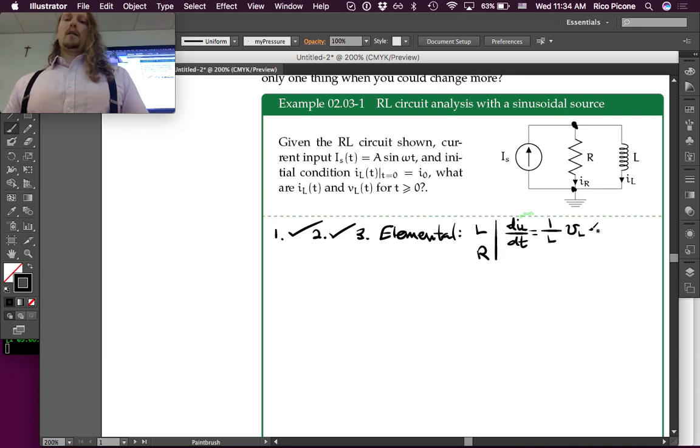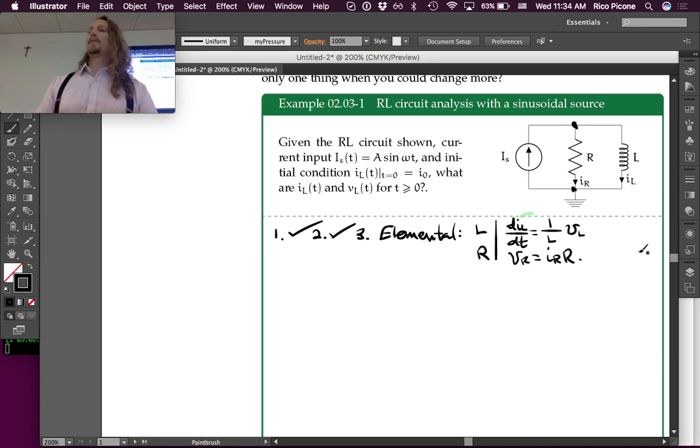Yeah. Good. And for the resistor, what is our elemental equation? VR equals IR times R. Yeah. Excellent. So step 3 done. That means we're halfway already, and we've hardly used any paper.